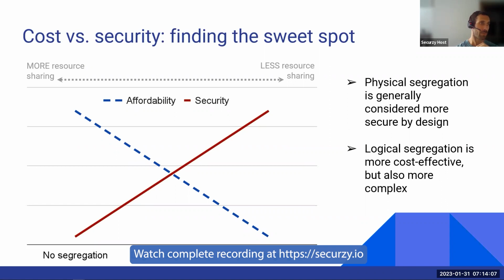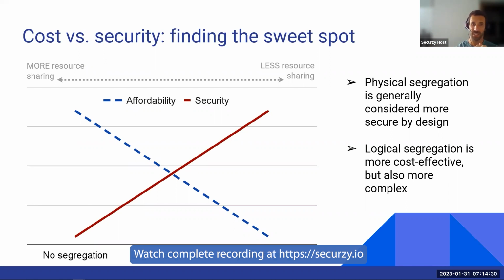So you can see that the affordability curve is going low. However, it's considered more secure by design. Each tenant has a different system, so they're not going to mess with each other's systems because they are separate, basically.